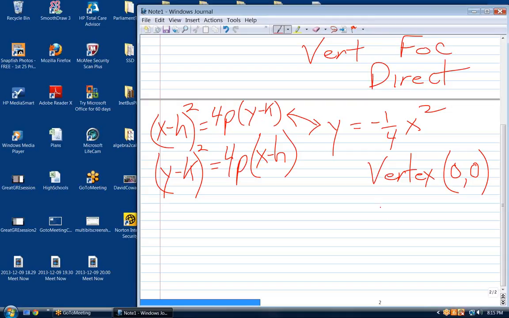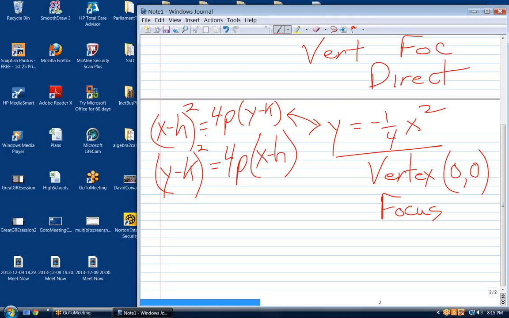Okay? The focus, well, to find the focus, first of all, we have to figure out what p is. So what is 4p equal to? Now remember, I got to get this in this format right here. Right now, it isn't in that format.